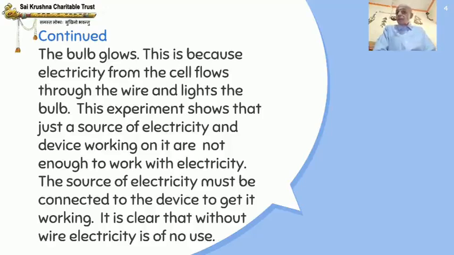So this experiment shows that just a source of electricity and a device working on it are not enough. See, the cell is a source of electricity, and the device is the bulb working on the cell. Just the source and the device are not enough for the bulb to glow, right?